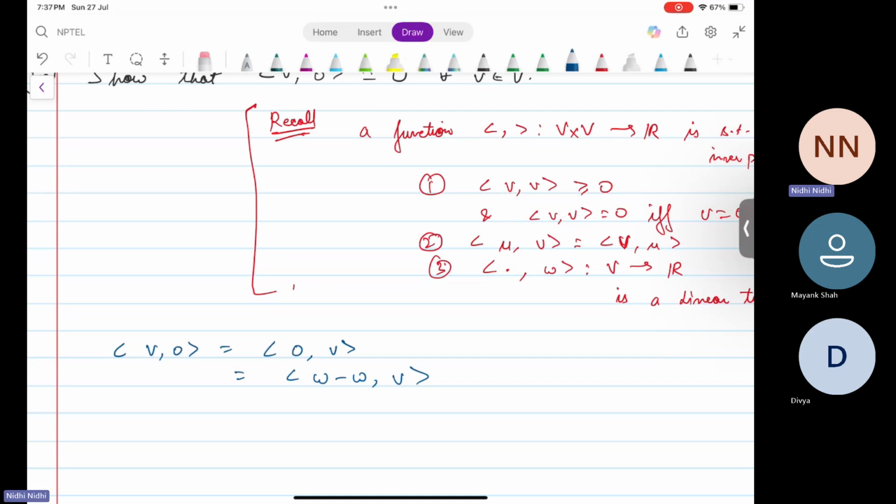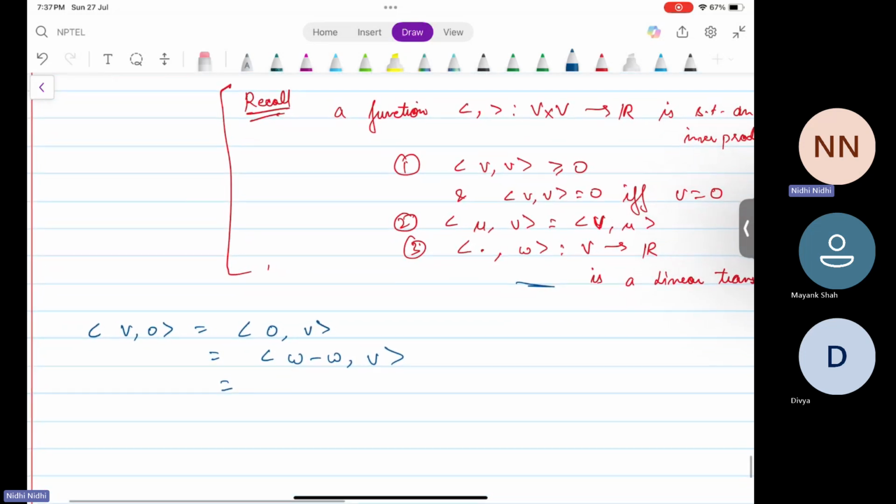In a vector space, we know that we can write 0 as the difference of a vector from itself. Now we use the third property of the inner product, linearity with respect to the first component. So this is equal to (w, v) plus (minus w, v). Again, by linearity, I can take this minus outside. So this is 0, subtracting the same terms.